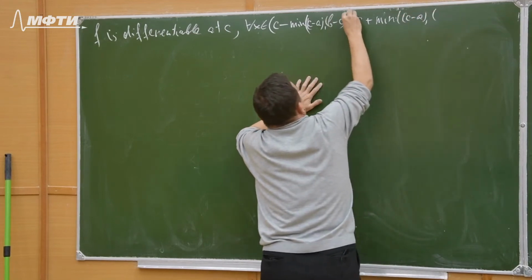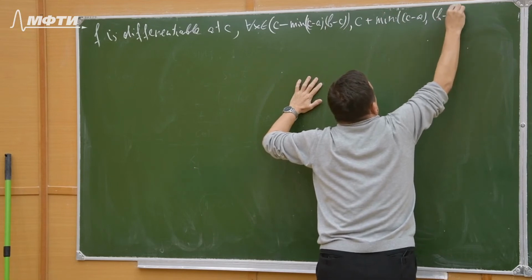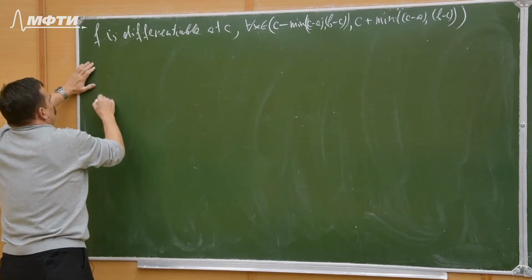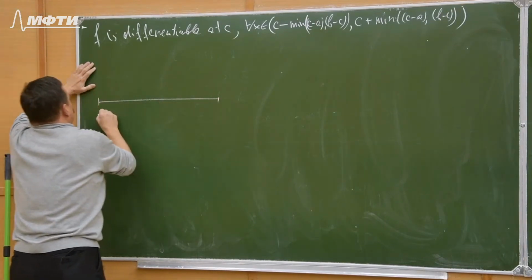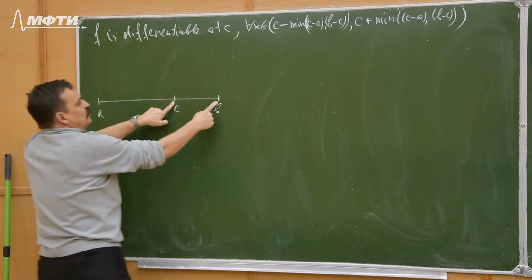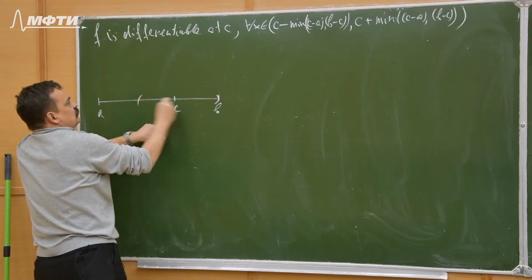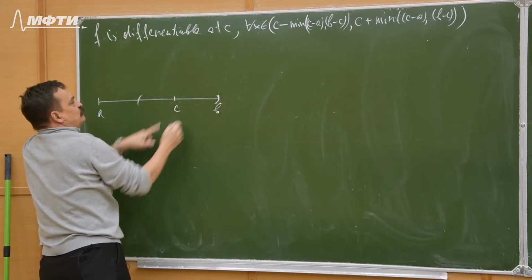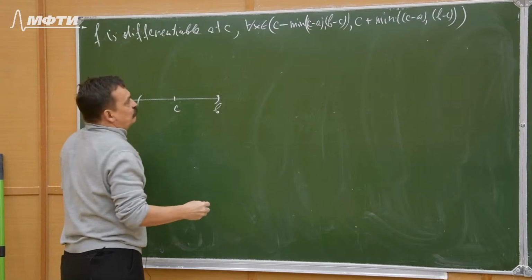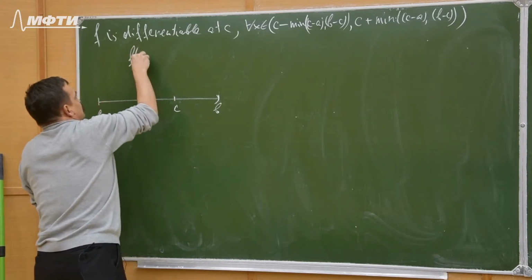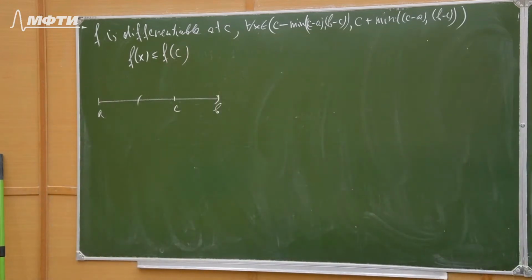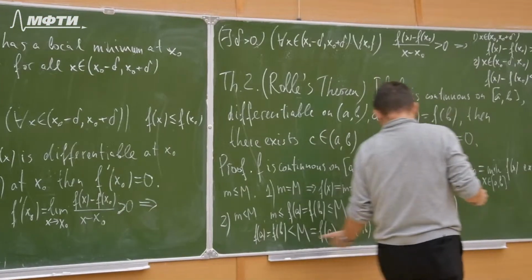So what do we have then? Look, I consider AB, right? I have a point here, so the minimum is this one, B minus C, right? So that is the interval. For all x from that interval, what do we have? F of x is less than or equal to f of C, because f of C equals the maximum.